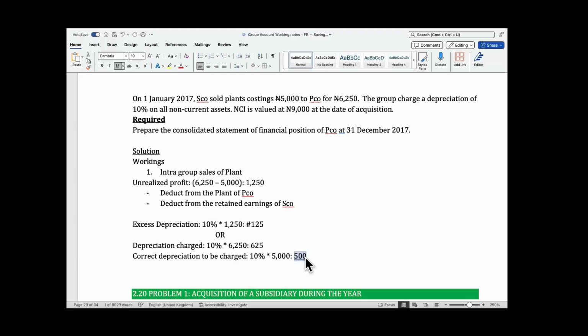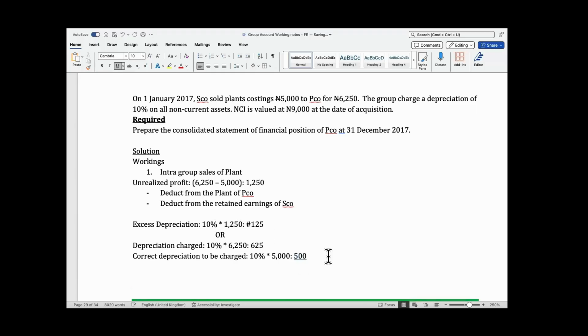So there's an excess depreciation of 625 minus 500, which is 125. I strongly recommend this in the exam. So the excess depreciation will have been on the unrealized profit.